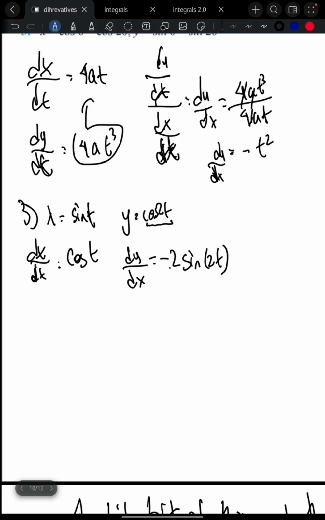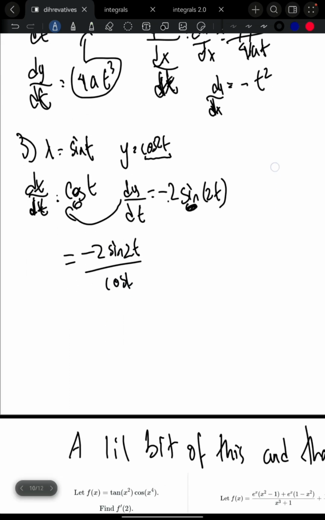Then you divide this. Wait, this is not even dy/dx. This is dy/dt. My bad. You divide this by this. So you get the final answer, which is negative sine 2t divided by cosine t.